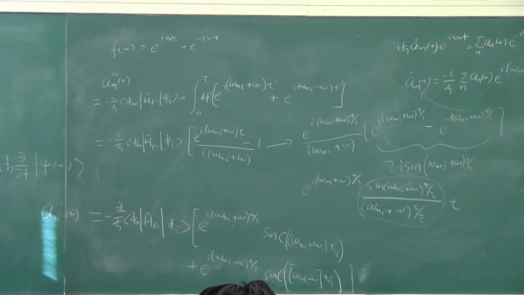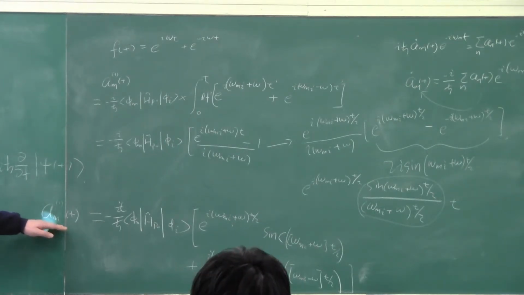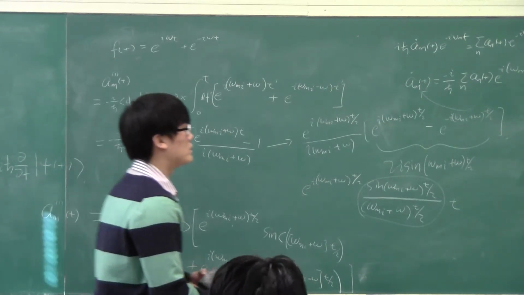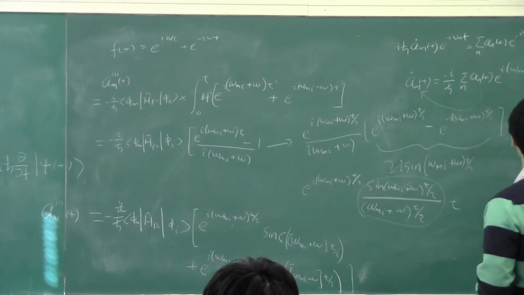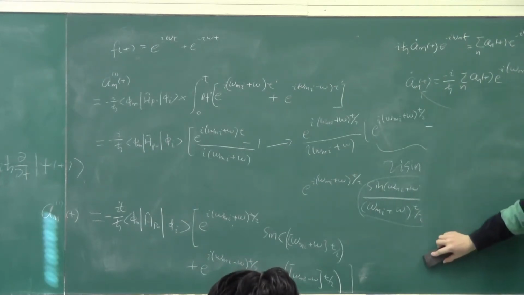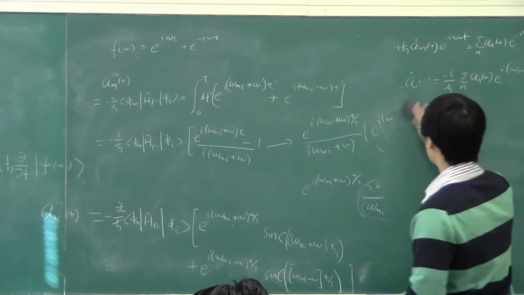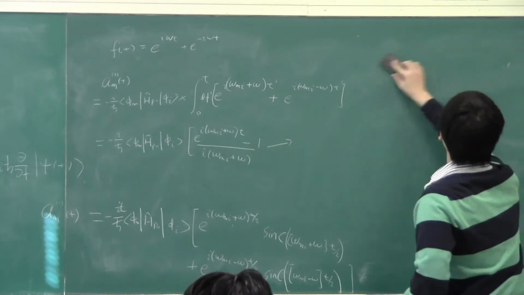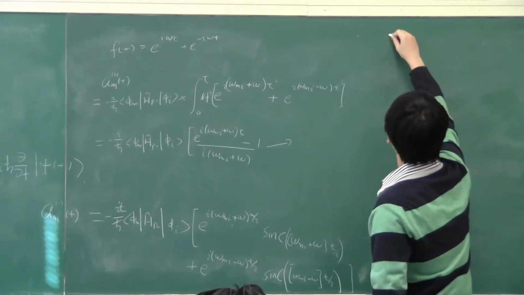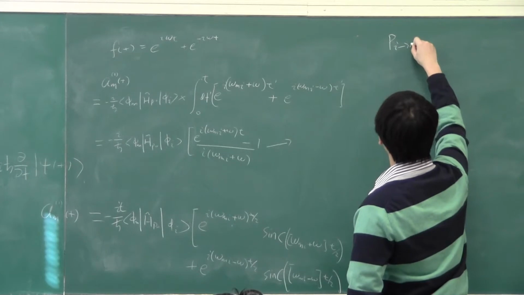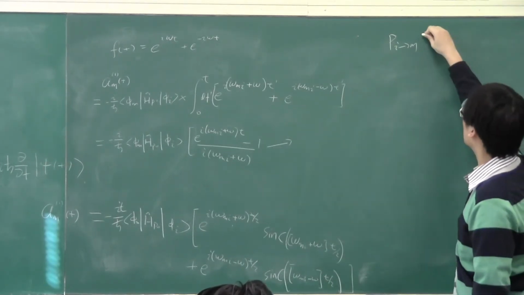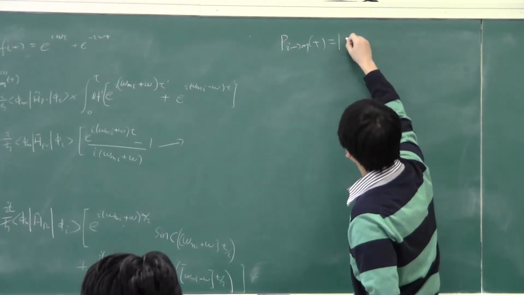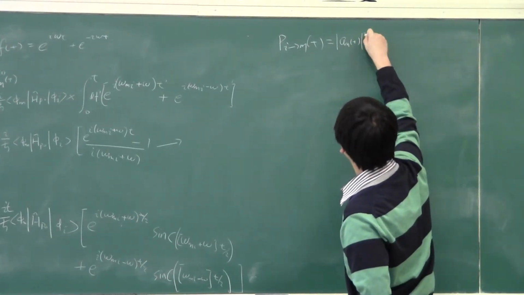Now what is the physical meaning of this expansion coefficient? We can relate it to a probability for transitioning from the initial state to the m-th state by taking its magnitude squared. So the probability to go from the s state to the m state as a function of time is going to be given by the magnitude squared of this thing.